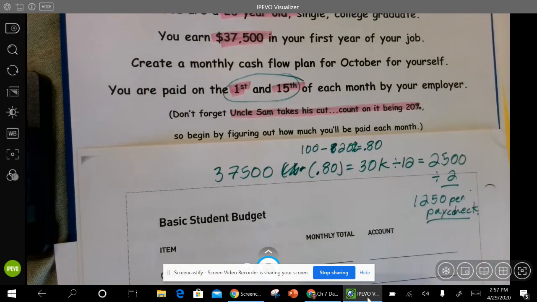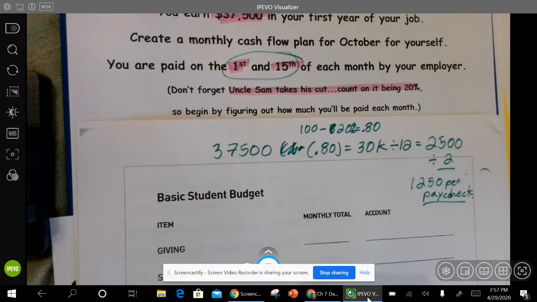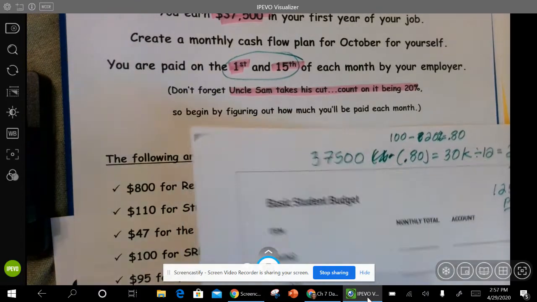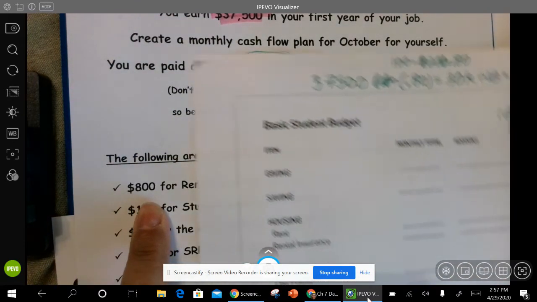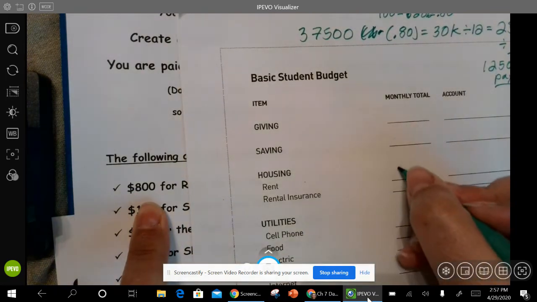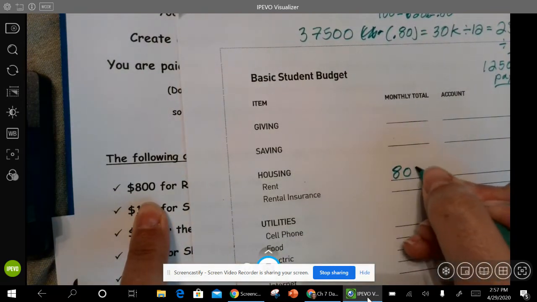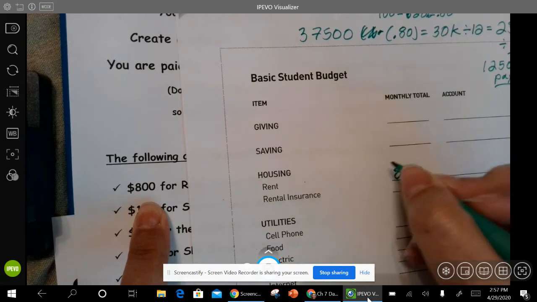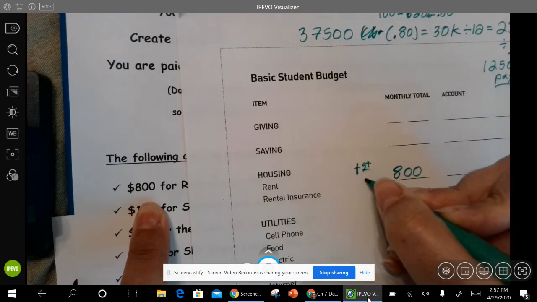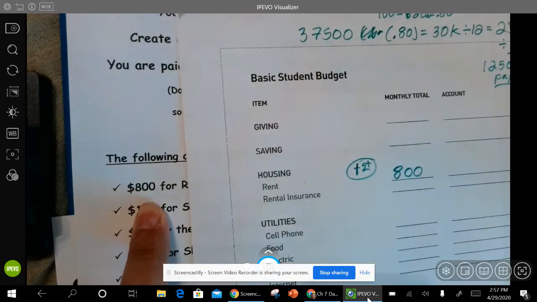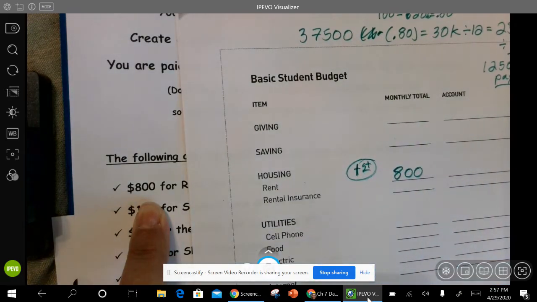Now, rent. Our rent over here, everybody, is $800 due on the 1st of the month, and that's going to come out of the first paycheck. We do have to keep track of this stuff.